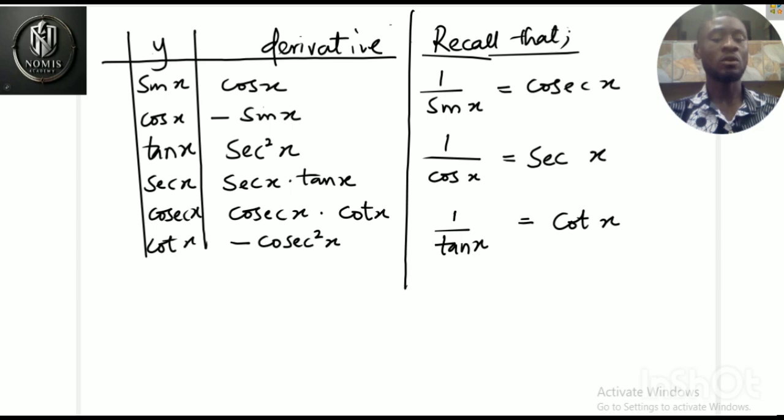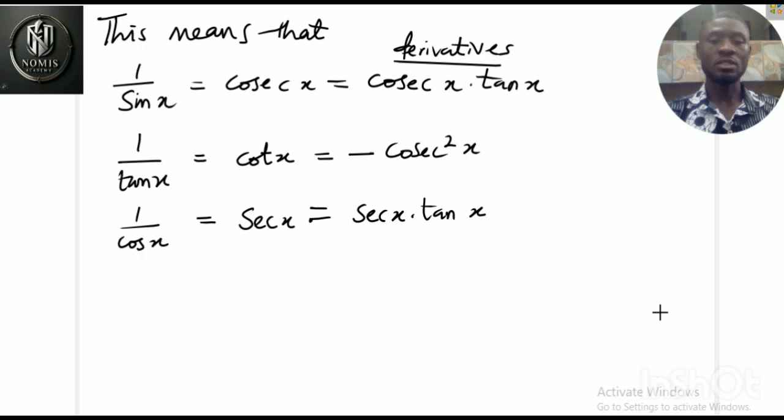So we recall that 1 over sine x is equal to cosec x, 1 over cos x is equal to sec x, and 1 over tan x is equal to cot x. Remember these identities. They will help you learn why we are figuring out derivatives that are related to trigonometry.